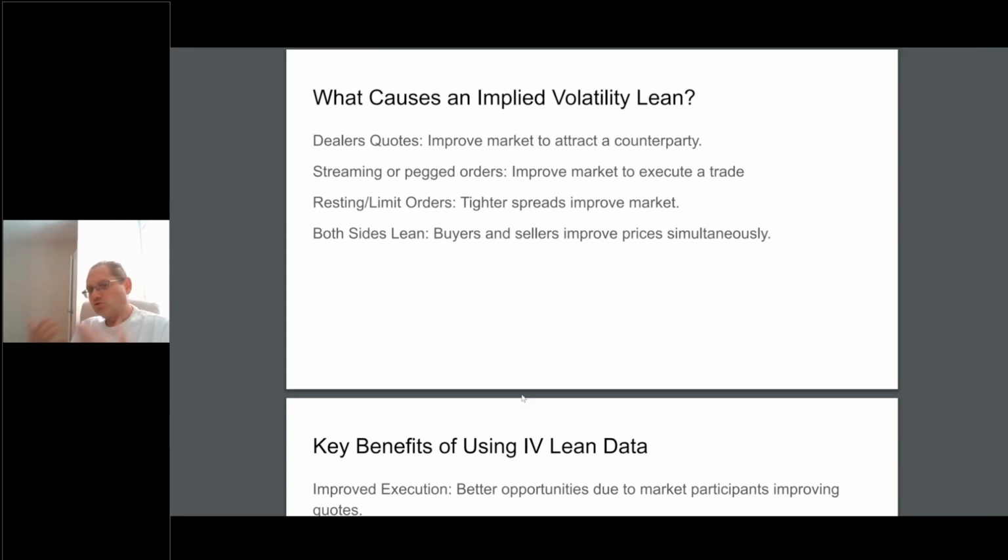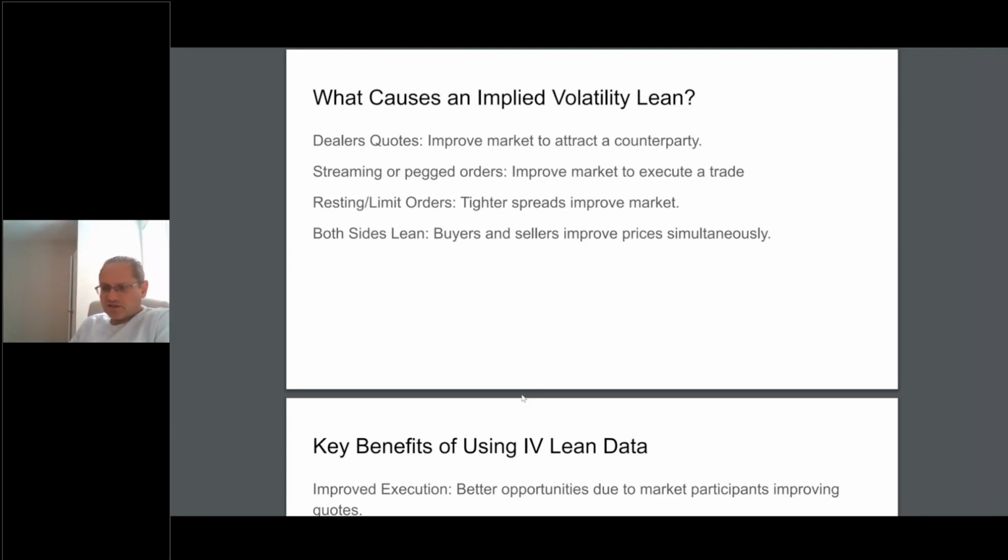Well, when you do that, if you have access to that type of order, that order is pegged to the stock price, because as the stock price moves, an option is a derivative. The option price itself will have to get recalculated based on the implied volatility condition that you put in. So there could be a pegged order in there that will move along with the market, but it improved the market, and it could be coming from a proprietary trader or a customer who has access to that type of order type.